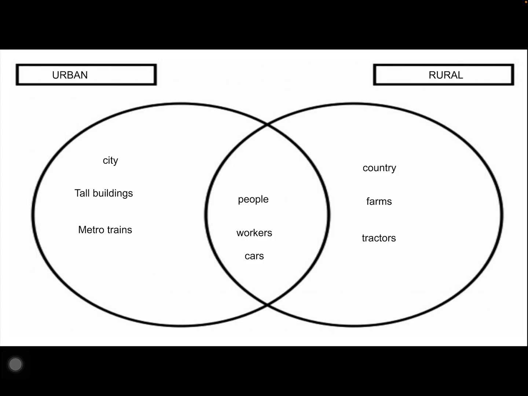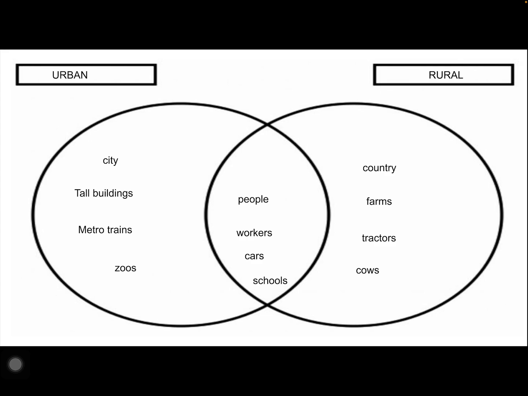How about schools? Where would we find schools? In both. Urban communities have schools and rural communities have schools. What about a zoo? Going to a zoo. Zoos we usually find in urban communities. What about cows? Where would we see cows? We'd probably see cows in a rural community.